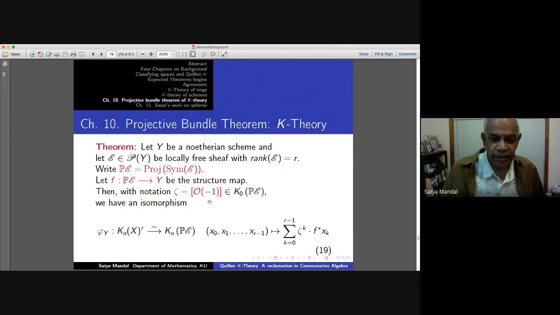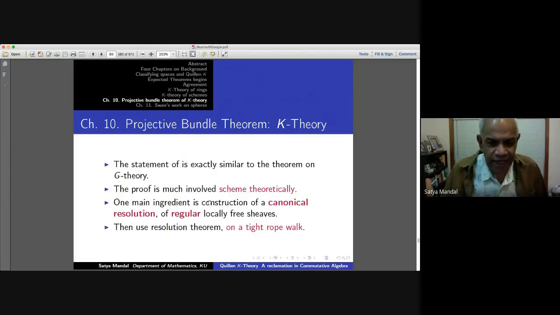This proof is a little harder. Basically, it is the same proof, you can say, but you walk a tightrope. The proof is involved, and there is something you may like to know.